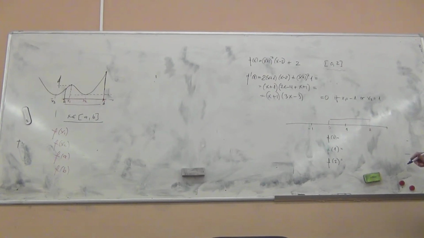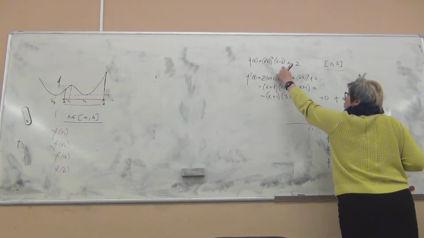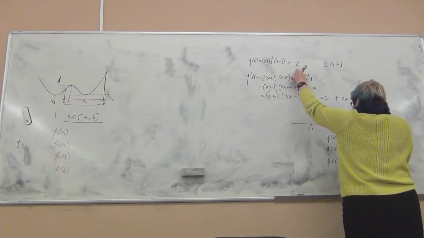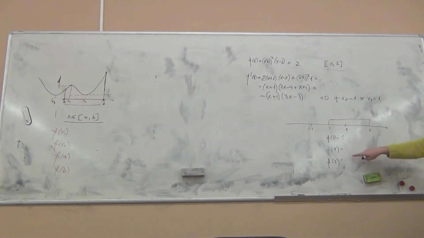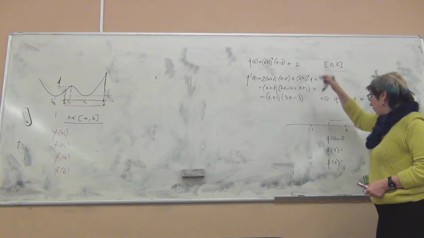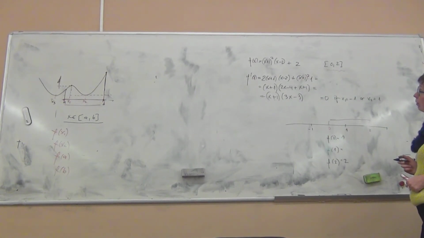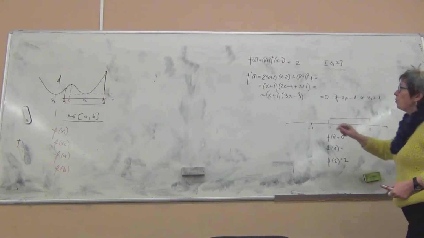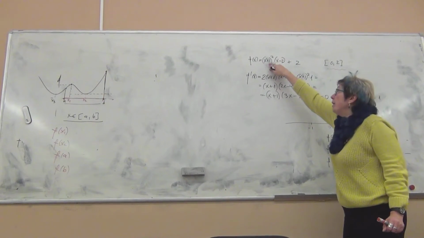So if x is 0, 1 times minus 2 is minus 2 plus 2 is 0 again. If x is 2, by the way, then this is 0 and the function value is 2. And if x is 1, then we have 2 squared, it's 4 times minus 1 is minus 4.